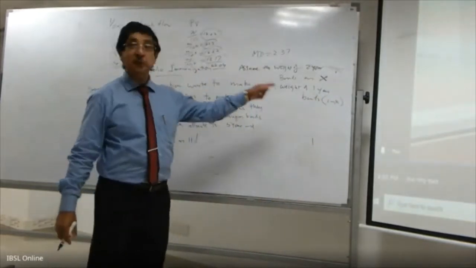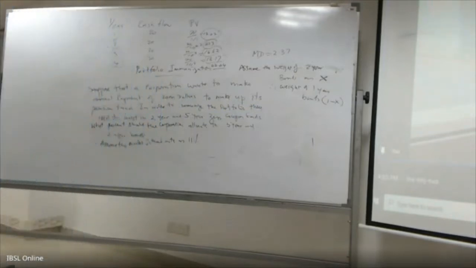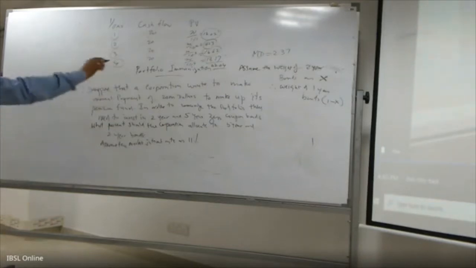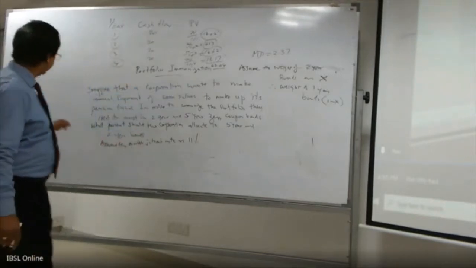Now you have the duration and for each the weights. Then duration into weight would be the portfolio duration. Now, if you want to apply that minus there, we can do that, right? So what we can do is this.